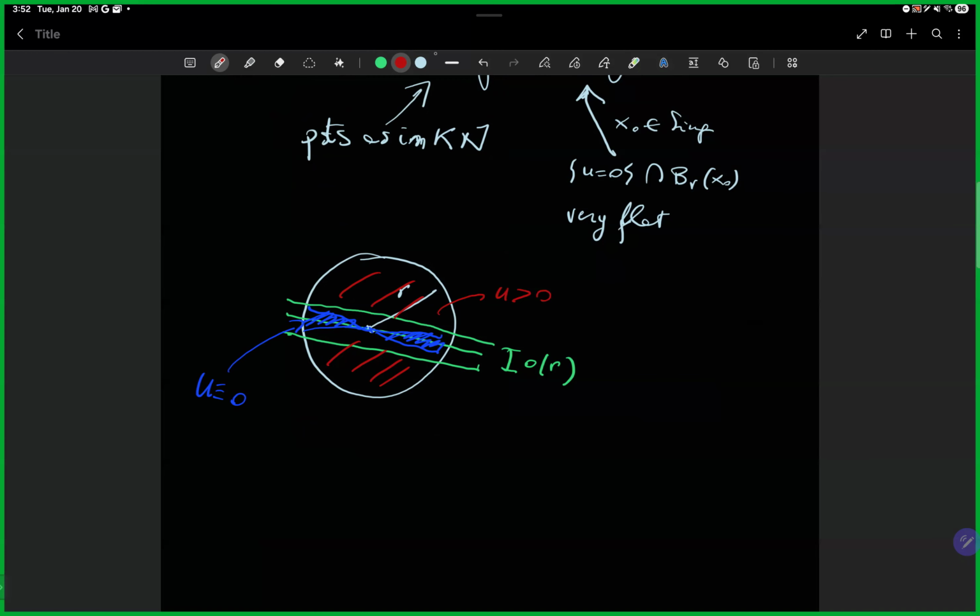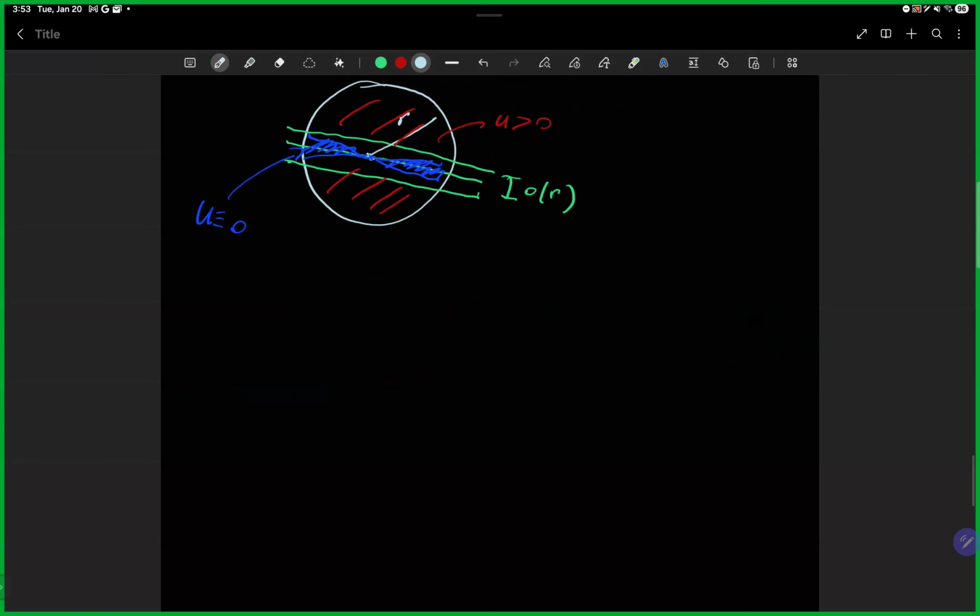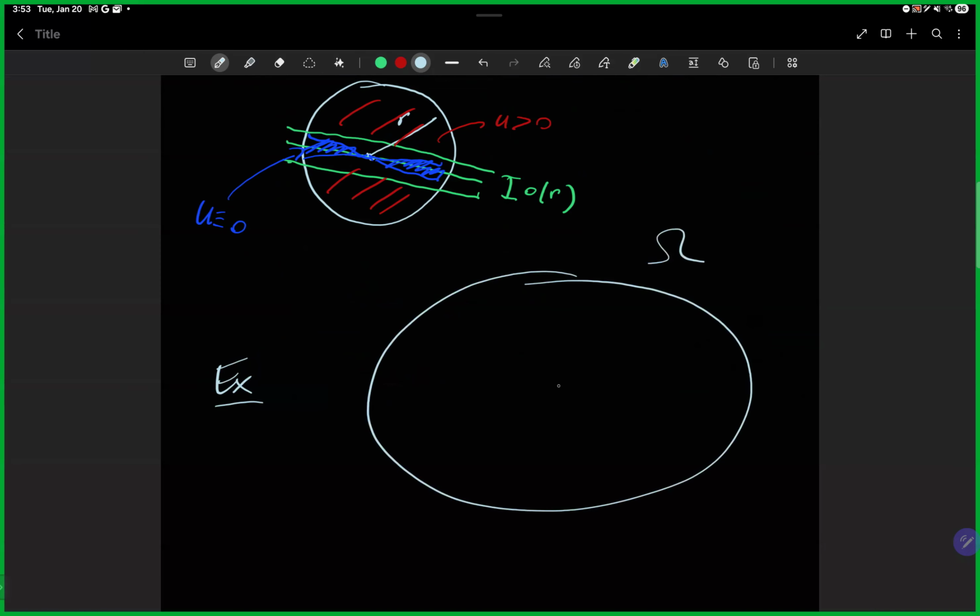And the amazing achievement of Luis Caffarelli was that there is nothing else. There are just these two options. So just to give you an example, think of this. You have your domain omega, and then you have a free boundary that looks like this: two drops connected by a segment.